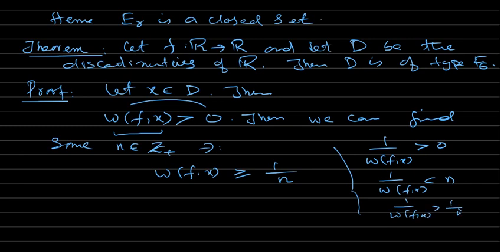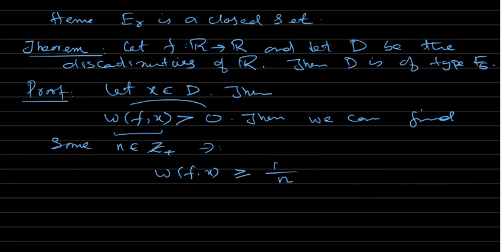So that also means the oscillation is greater or equal to 1 over n, because greater than some number also implies greater or equal to. It means x is in E_n.